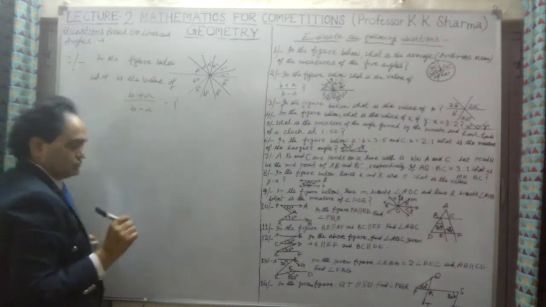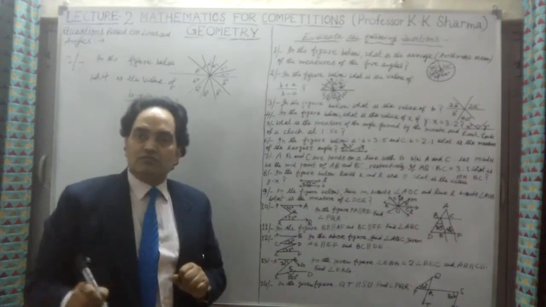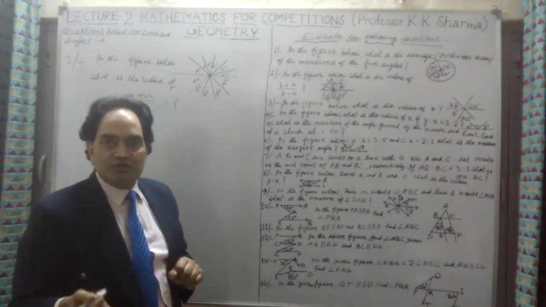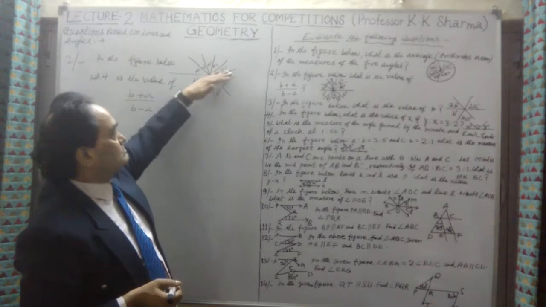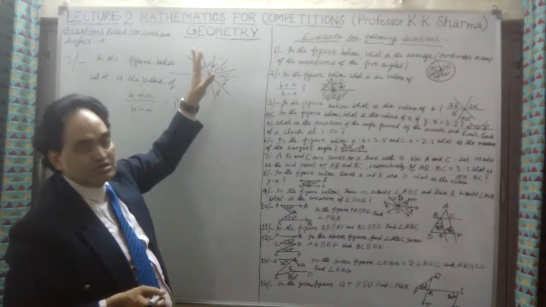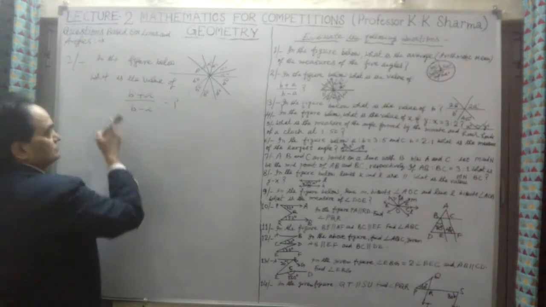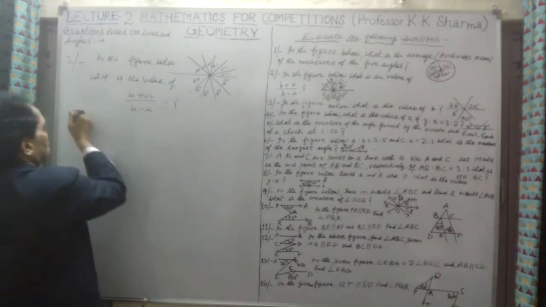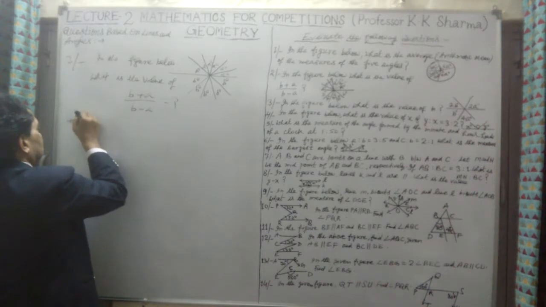This is what we have to find out. The first and foremost thing is we have to find the values of a and b. So first sum these 6 a degrees, and then the value of b we can also find out. Then put the values here.